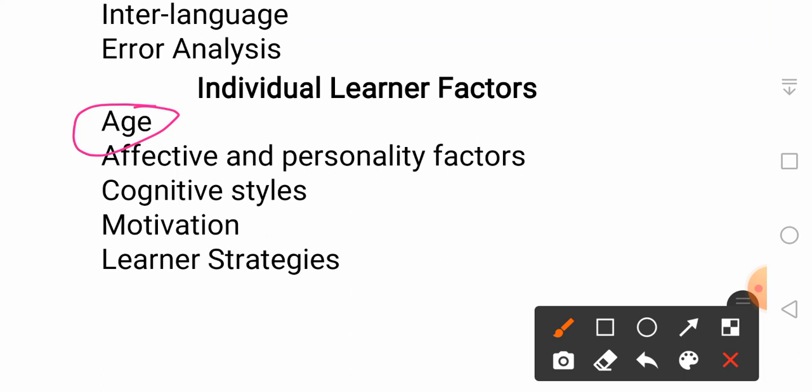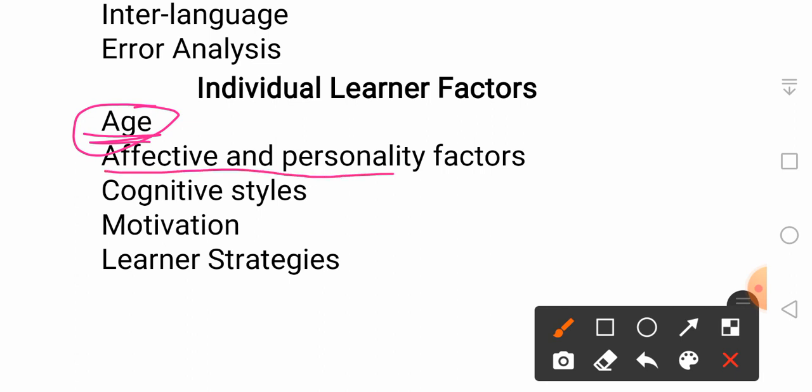Our brain is very fertile. But as we grow old, and if someone wants to learn a language beyond 50 years, will the learning rate be the same as when you were young? No, there are differences, there are theories. People say that with advanced age, language learning ability diminishes, it reduces. So this is one of the theories.